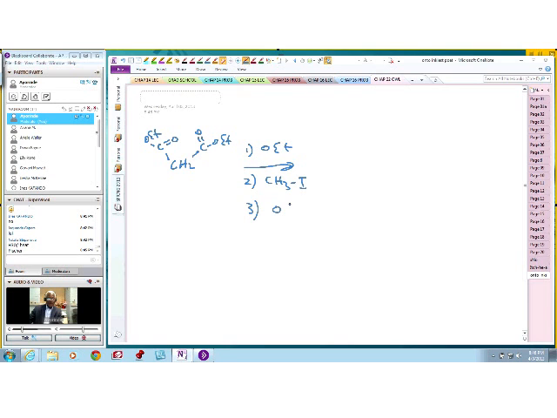Step 3, another ethoxide. Step 4, another alkylating agent. Then step 5, you want to do the hydrolysis and heat. And then step 6.